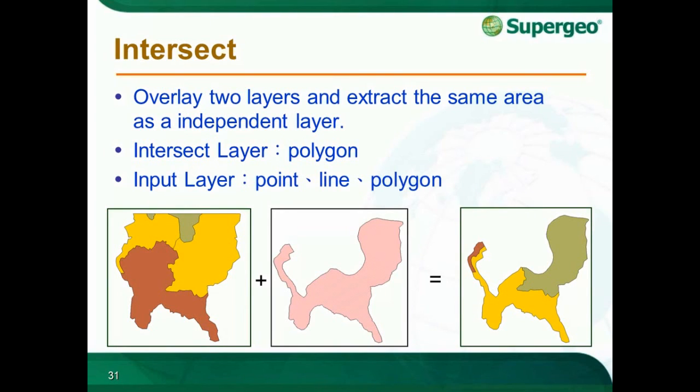However, intersect must be performed on polygon layers. In the example here, we overlay two original layers and capture all the area that both of them cover. And then, see the diagram on the right, it will create a new layer for saving the result from the intersect.